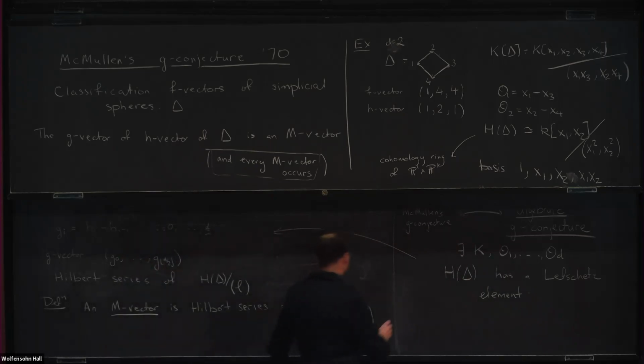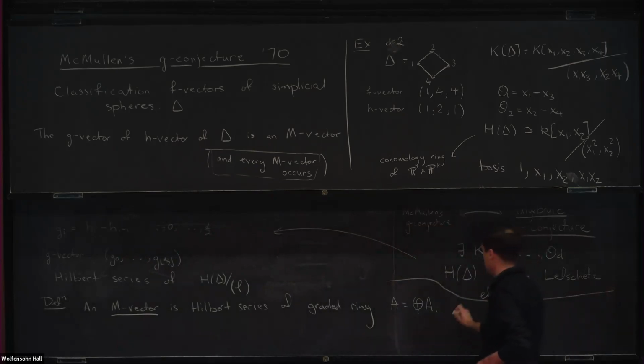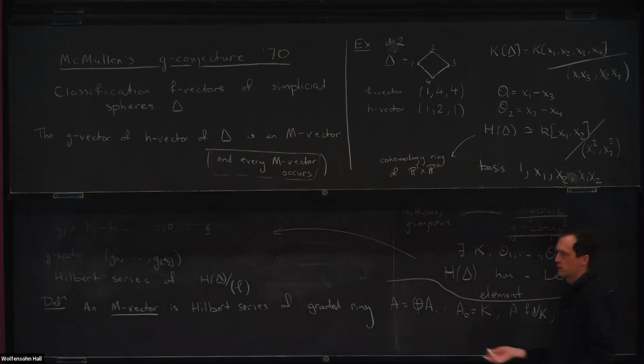An M vector is a Hilbert series of a graded ring A satisfying the conditions that in degree 0, it's just the underlying field K, A is finite dimensional over K, so the Hilbert series is just a finite sequence of numbers, and that A is generated in degree 1 as a K algebra.